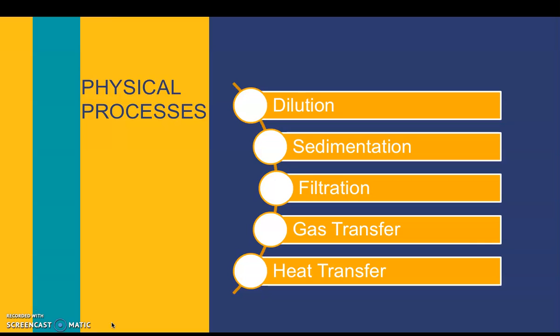Self-purification of the stream through physical process can be done through these 5 methods, which are dilution, sedimentation, filtration, gas transfer, and heat transfer. So I will be explaining these 5 physical processes throughout this chapter. These 5 physical processes are used by the stream for self-cleaning.